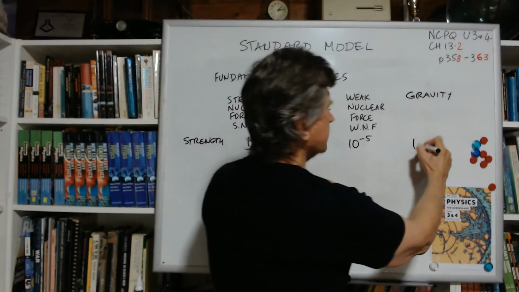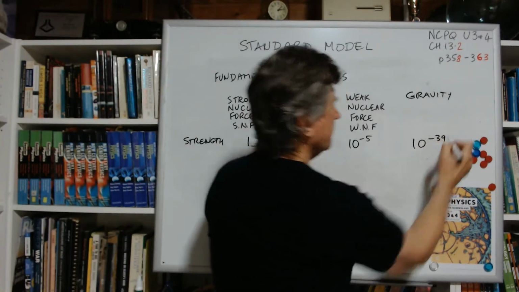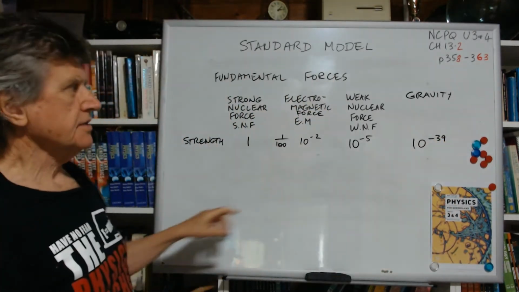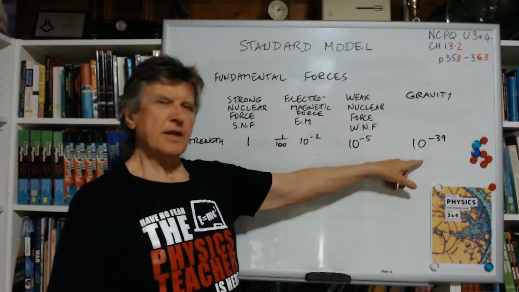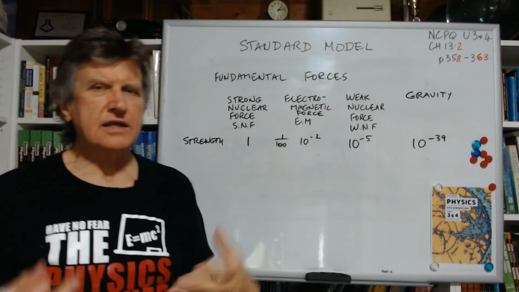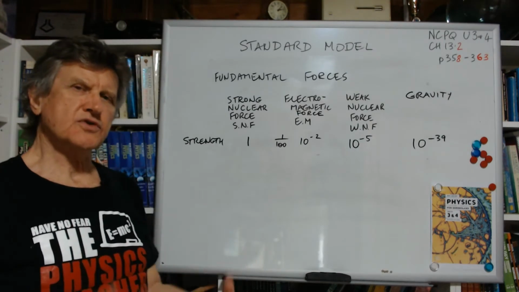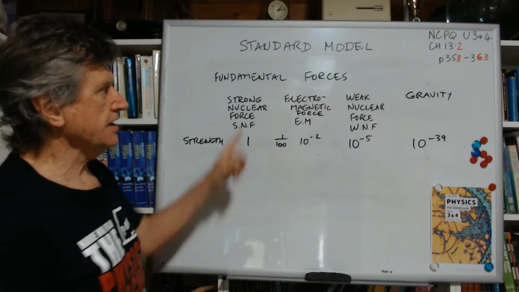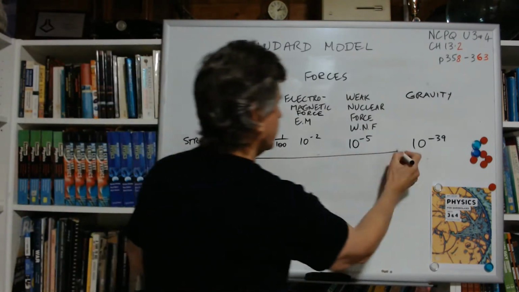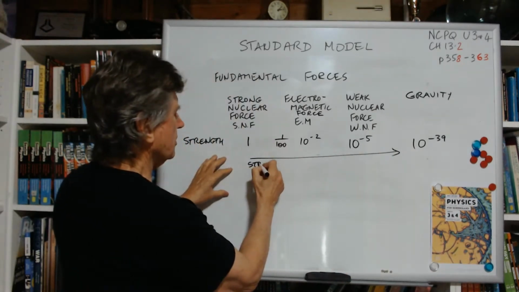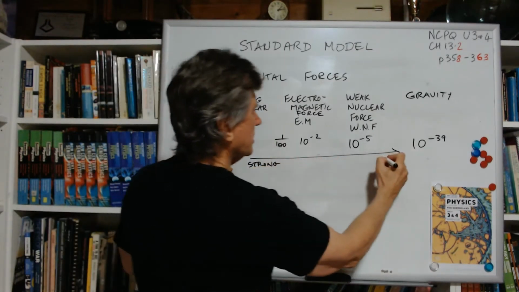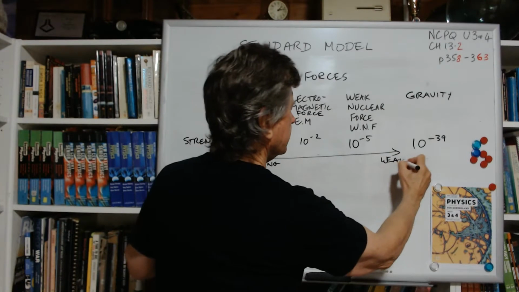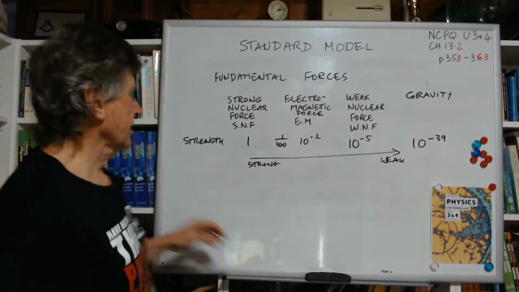And gravity is something like 10 to the negative 39, so it's extremely weak. So one thing you could say is that the order of strength for the fundamental forces goes this way, from strong to weak. That's the first point you could make about it.